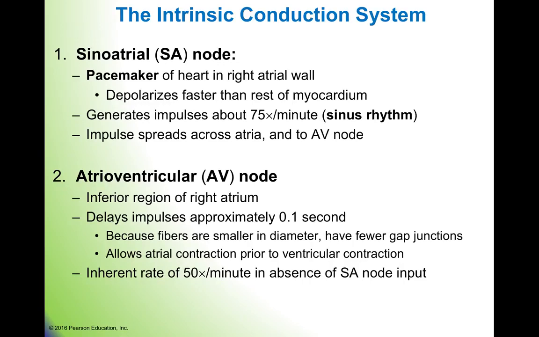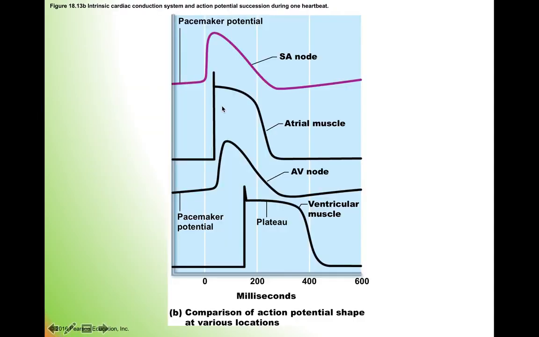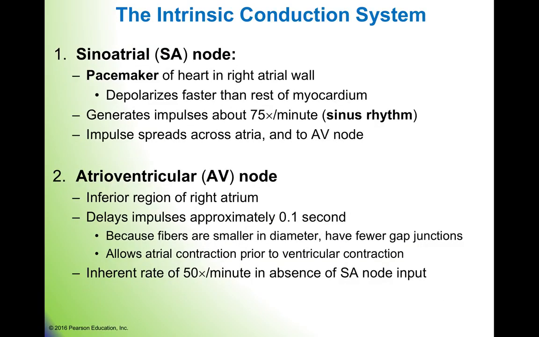The sinoatrial node is located on the most superior aspect of your right atrium, which is right up here. This is your sinoatrial node. And this is known as the pacemaker of the heart, which is basically going to create about 75 electrical impulses per minute. And remember that electrical impulses of the non-contractile cells eventually lead to muscle contraction.